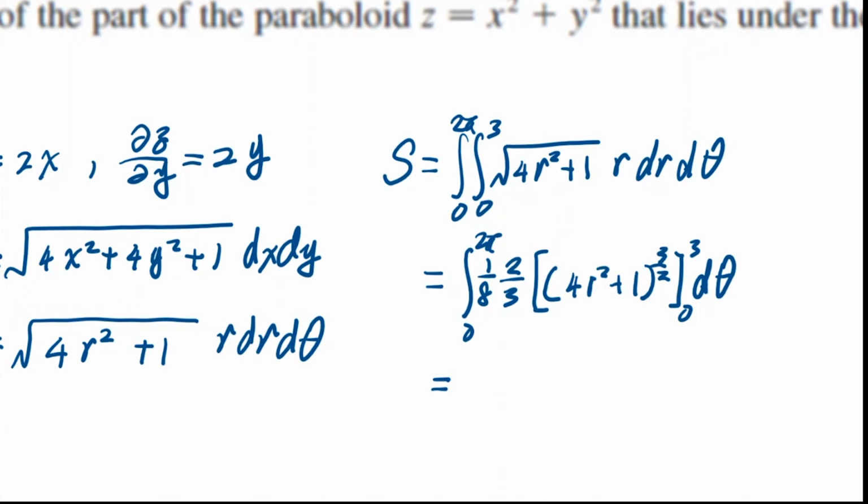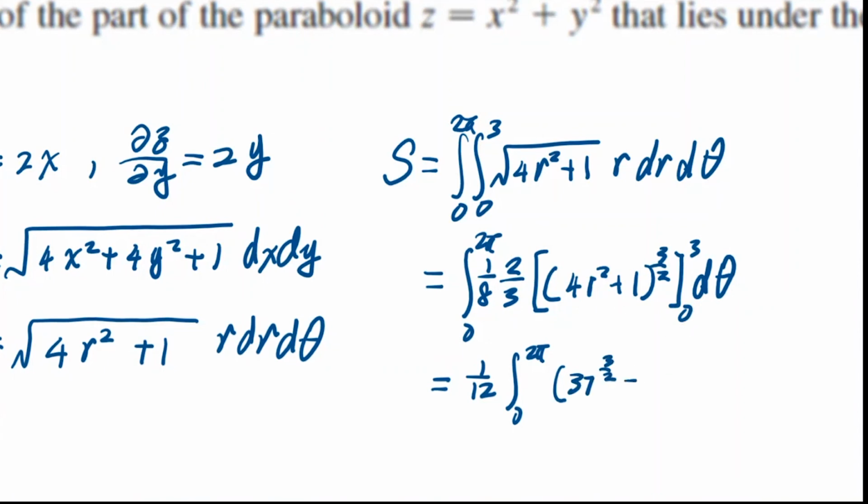Okay. Now, this thing is 1 over 12, integral from 0 to 2 pi. And if I plug in 3, what do you have? It is 37 altogether, right? So I have 37 to the 3/2 power.